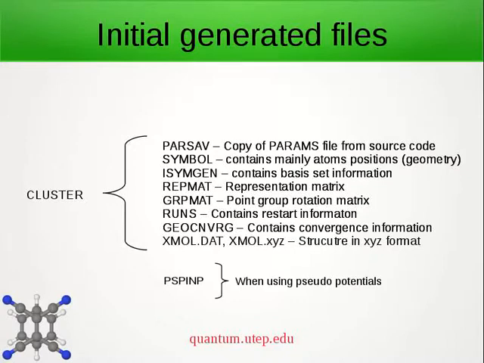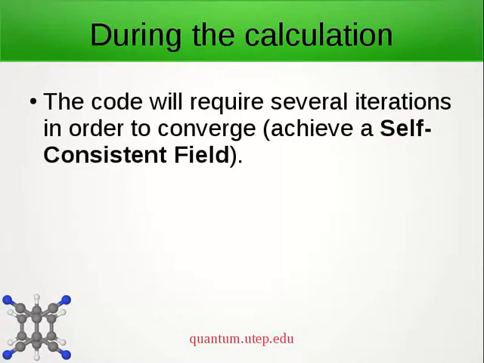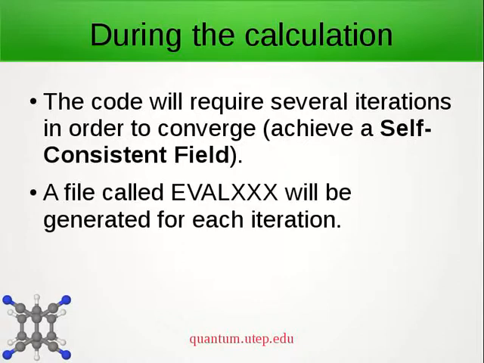During the calculation, the code will require several iterations in order to converge, to achieve a self-consistent field. A file called eval.XXX will be generated for each iteration, where XXX is a number, in this case 001, 002, and so on, depending on how many iterations the program needs to finally converge.